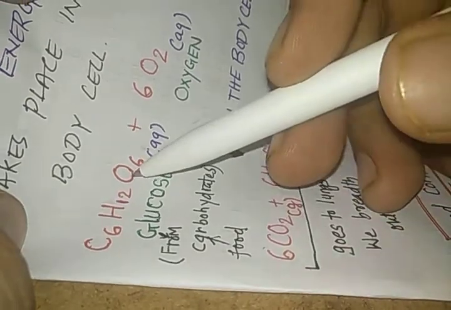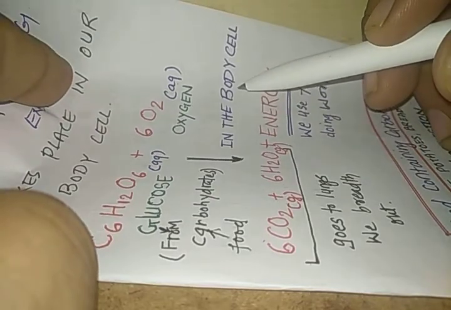This glucose comes from carbohydrates, and this carbohydrate comes from food. This glucose reacts with oxygen. Where does it react? It reacts in the body cell. What is produced? Carbon dioxide gas and water gas, that is, water vapor.